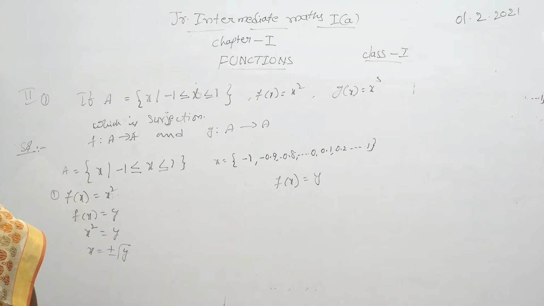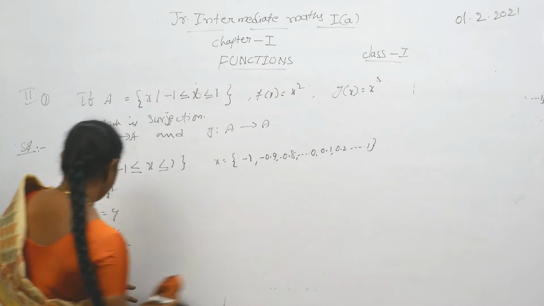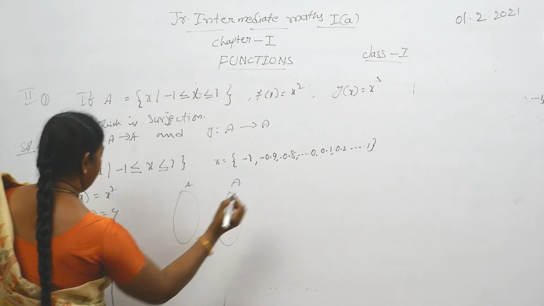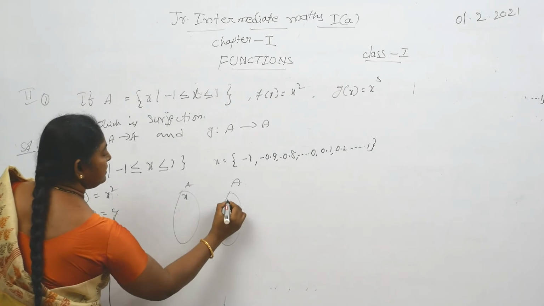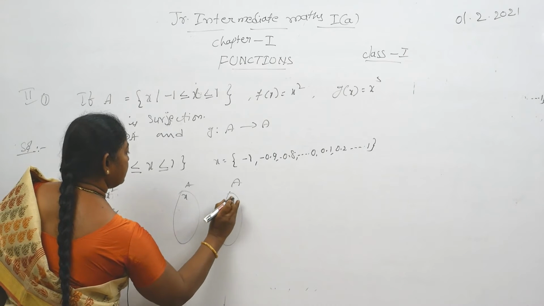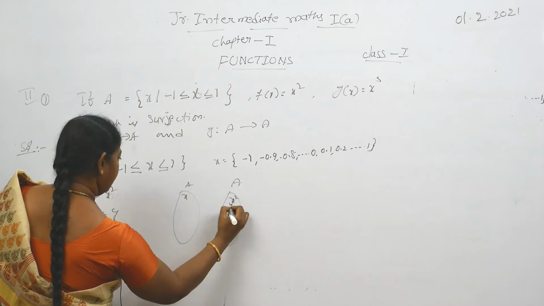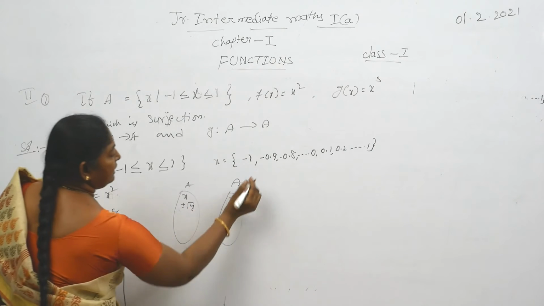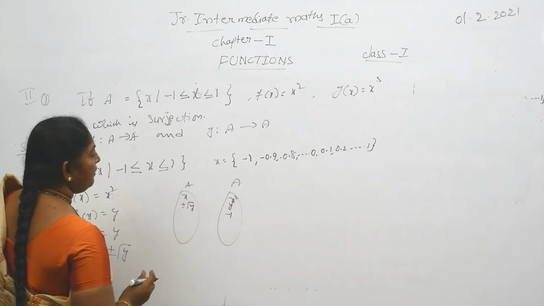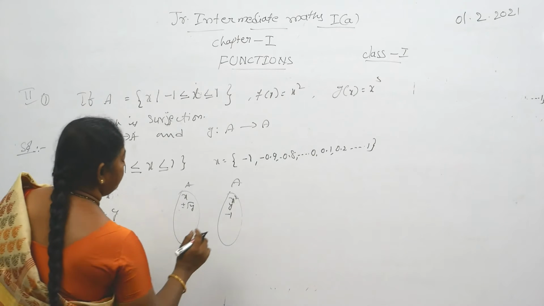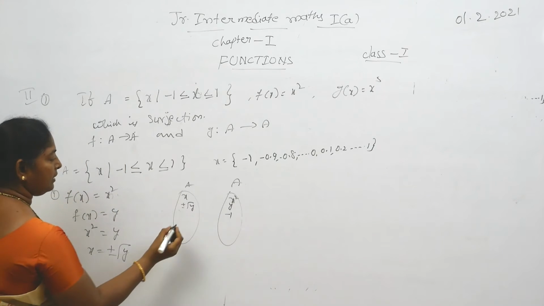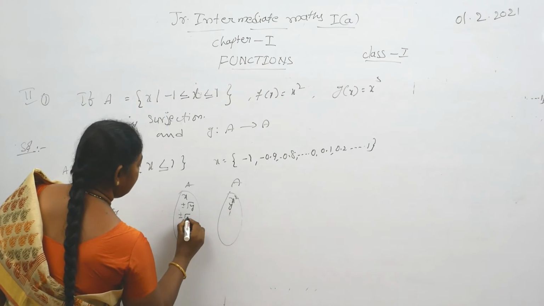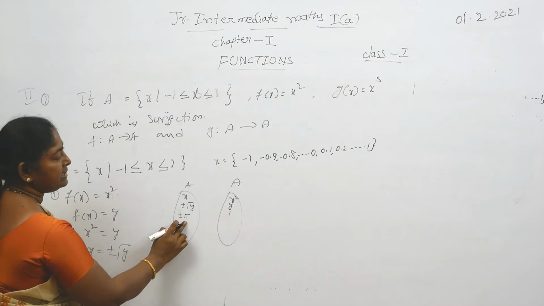Suppose we take a Venn diagram, A to A, x goes to x square, and this is y with plus or minus root y. If we take y equal to 1, plus or minus root 1 is satisfied.